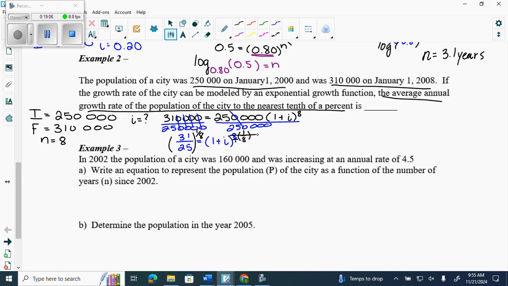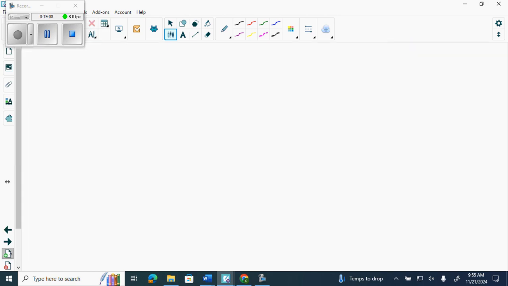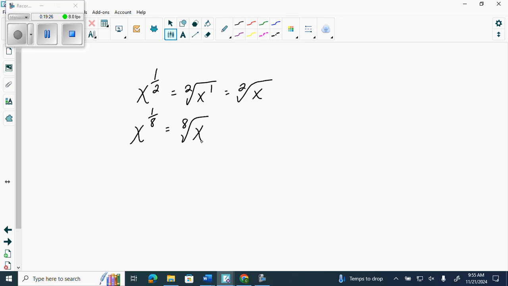You talked about this yesterday. If I gave you x to the half, what is that the same as in a radical? Square root of x to the 1, which is technically the square root of x. So if we're now going x to the 1/8, what's that the same as? 8th root. So whether I 8th root it or I raise it to the power of 1/8, am I not doing the same thing?